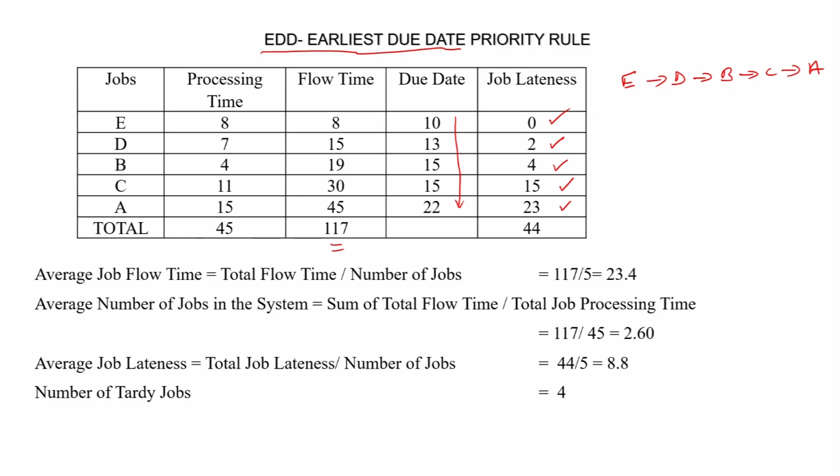And the average flow time again we can calculate in the same manner, turns out to be 23.4 days. And average number of jobs in the system is 2.60, and average job lateness is 8.8 days, and number of tardy jobs are 4 jobs. So, we can see the performance of earliest due date priority rule.